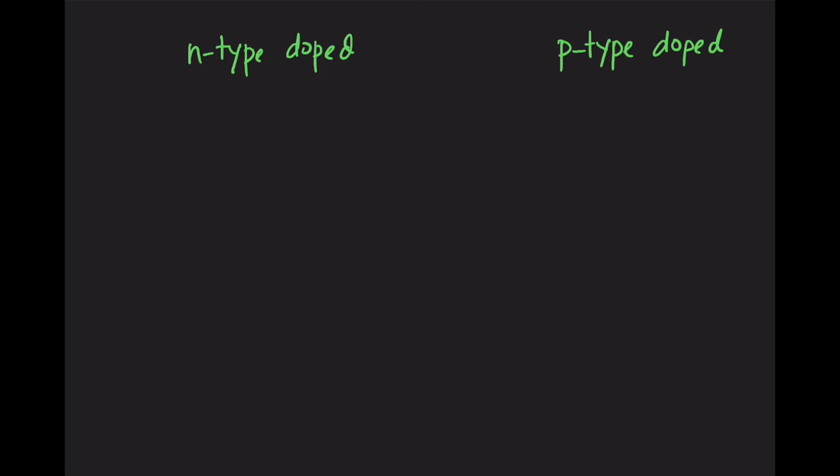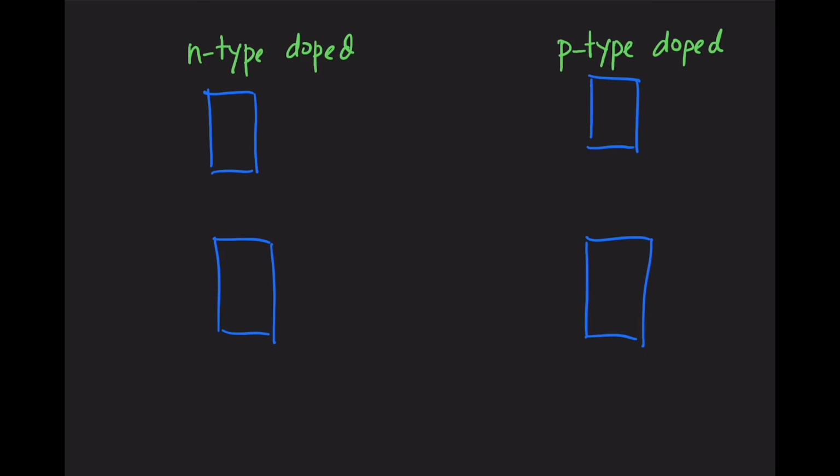Again, we can draw the conduction band and the valence band for the semiconductors. For the N-type doped, we introduce a different element, for instance, arsenic, As, or phosphorus, so the elements from group 15. And in this case, they have extra electrons in comparison to germanium and silicon.